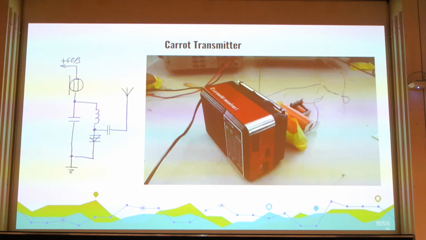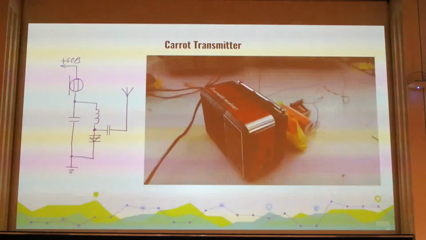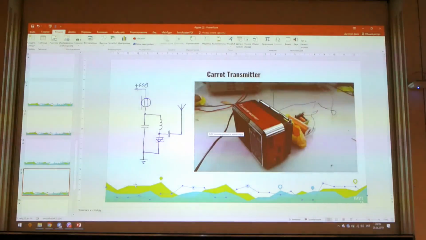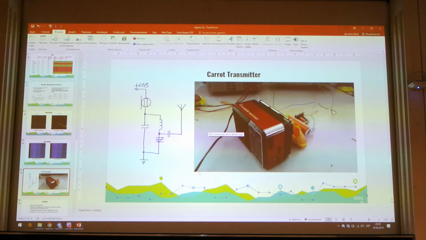Carrot transmitter. On the left you see the scheme, and they used a dynistor. So this is simply a scheme that could be used to have a potato make a sound. And actually it was also working, but really badly, because this scheme is too simple to make it work.